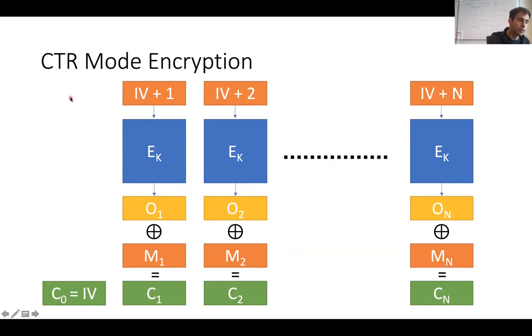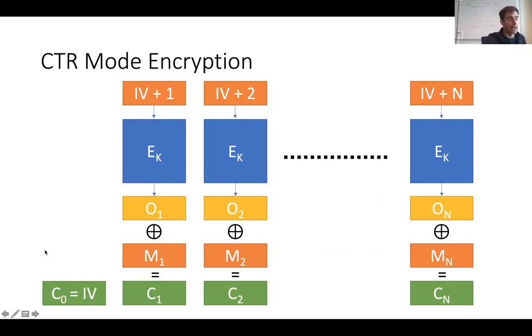As you can see, when you do counter mode encryption, you can start computing these O's before you know what the message is. So you can compute these, and then you can XOR with the message when the message arrives. So this looks much more like a stream cipher, like we did before.